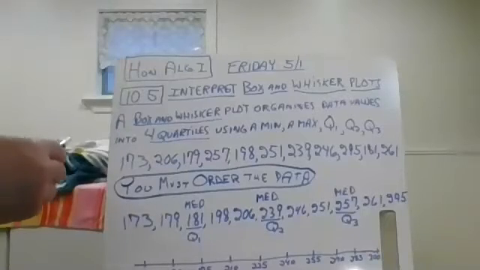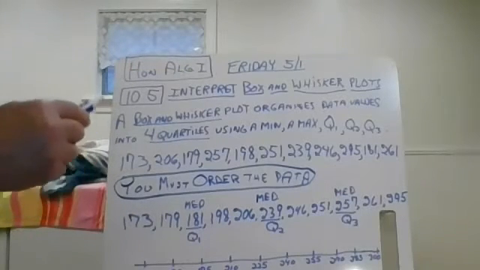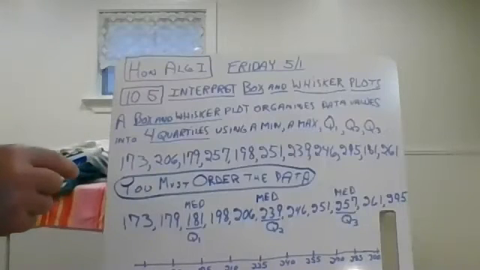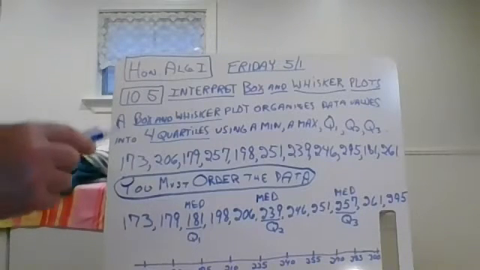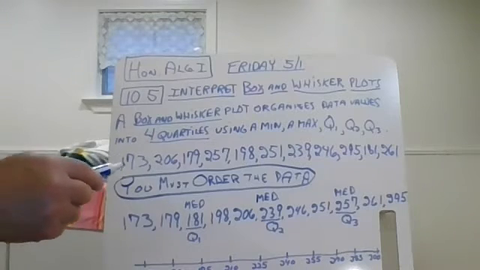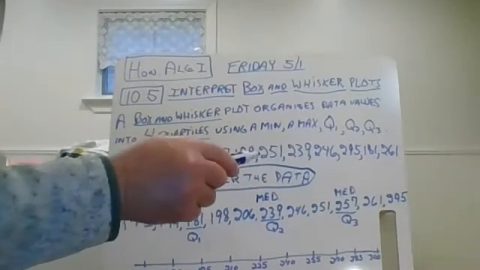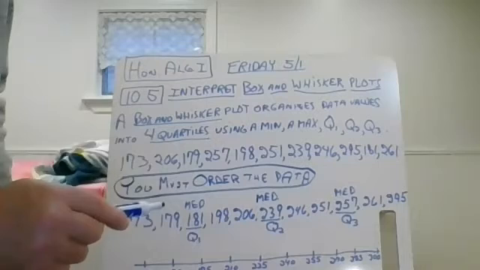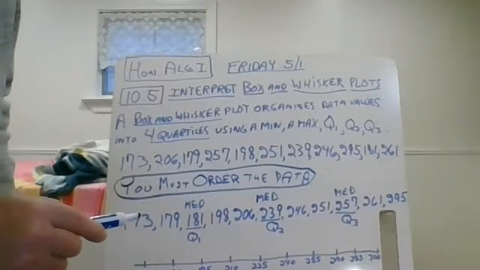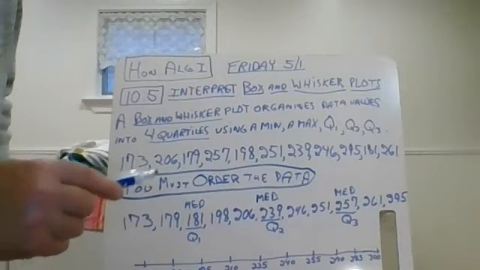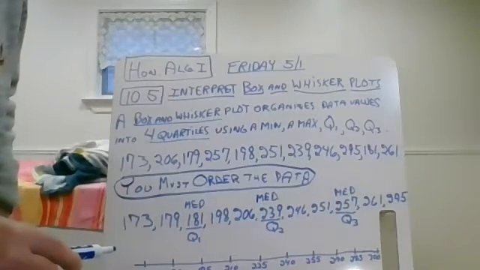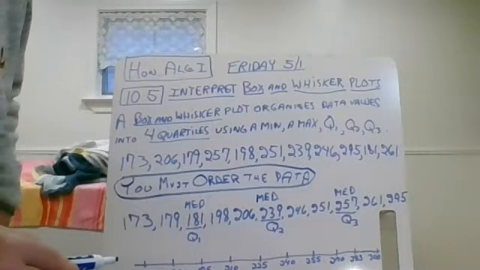All right, now to come up with the box and whisker plot, what we do first is take the median of the data values. There are 11 values. Which value is the median if you have 11 values?